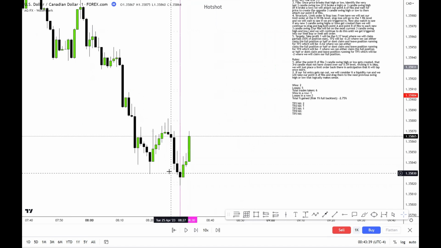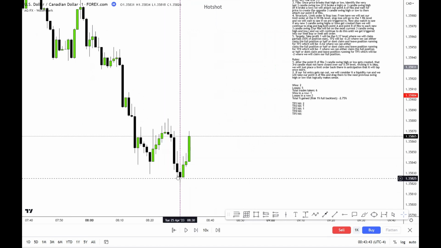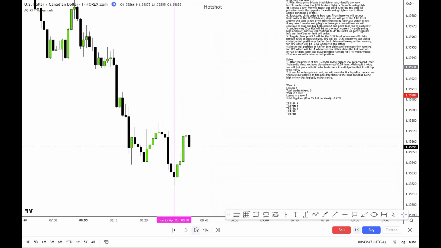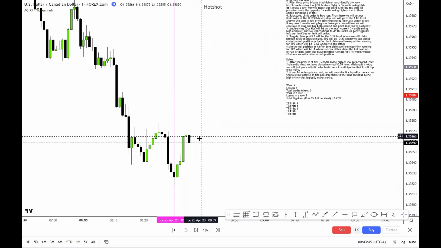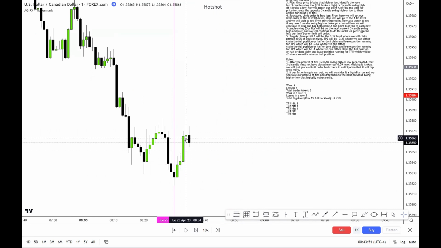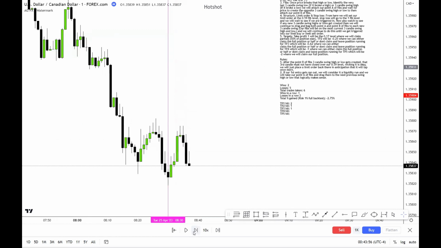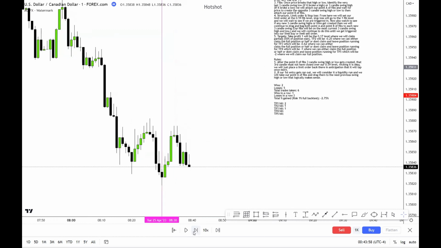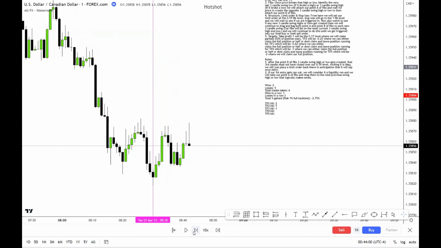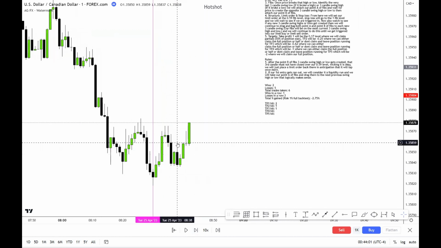All right, so 2022 model ran out of liquidity. Has market structure shifted yet? This is a market structure shift point. You notice it's tapping into imbalance and it's just rebalanced. That's the market structure shift.